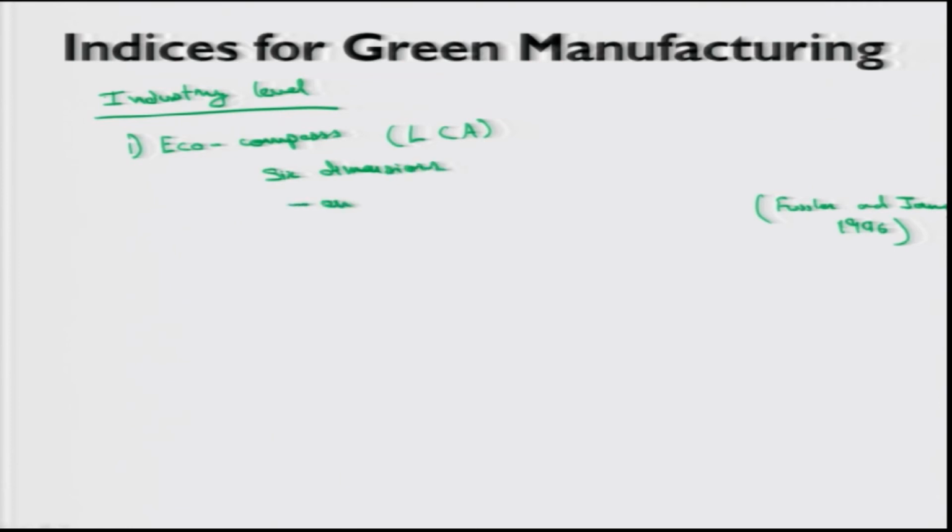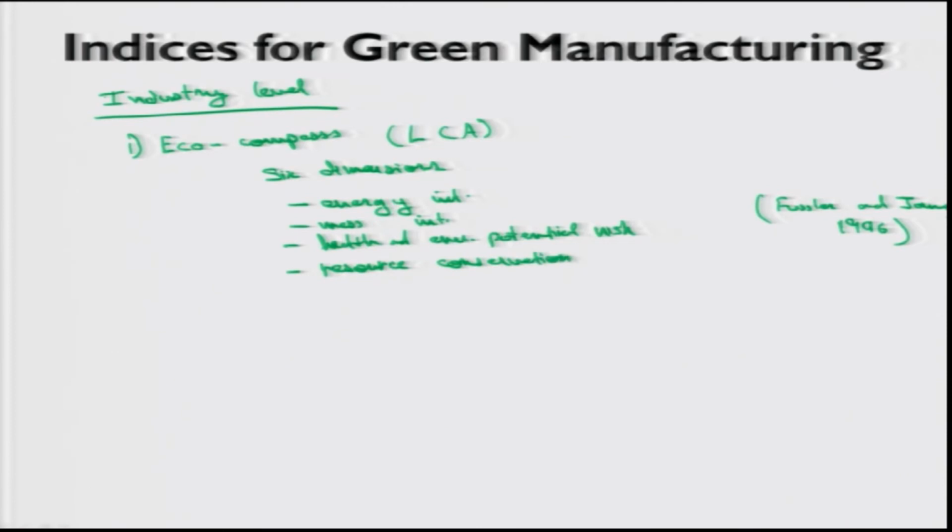which are energy intensity, then mass intensity, health and environment potential risk, then resource conservation, extent of reuse, or maybe remanufacturing, recycling again, then service extension.